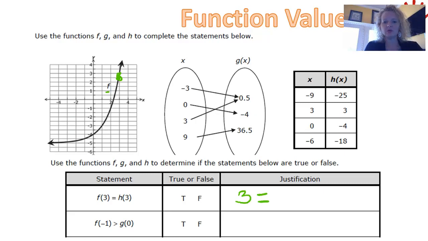So 3 equals, now let's go to the h, h of 3. So 3, look at your x, your y value is 3. So this is a true statement. Remember, you're just finding what the y values are. You're given the x, trying to find the y.